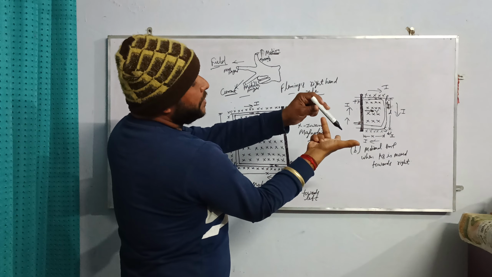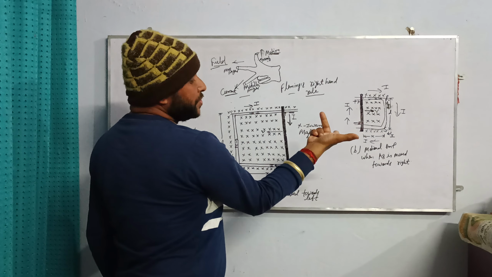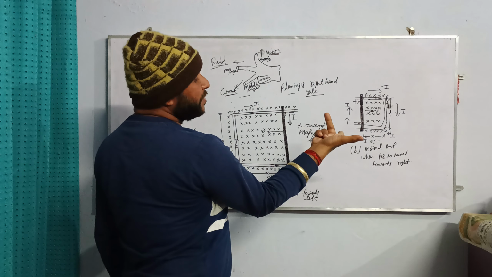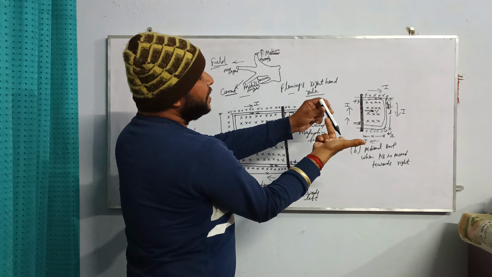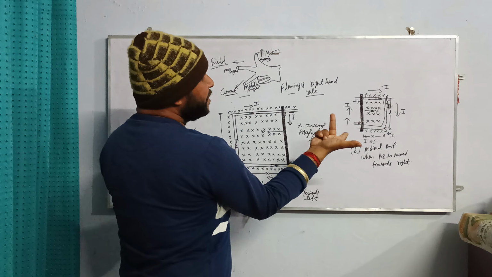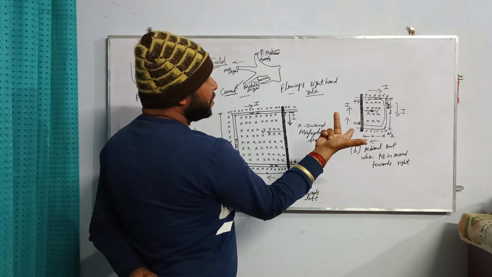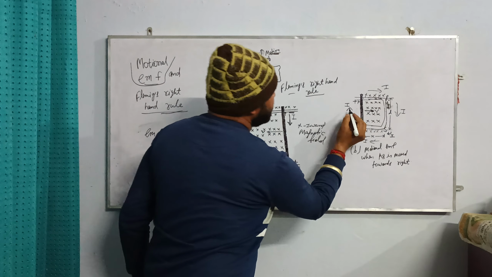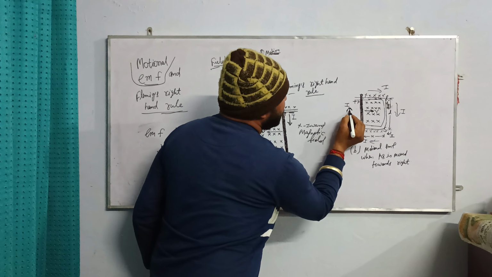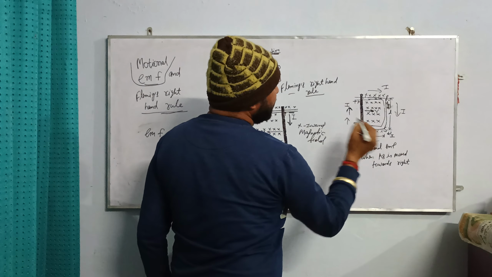Here the thumb represents the direction of motion of the PQ conductor towards the right side, and this is the direction of the magnetic field inward to the plane. Then my middle finger represents the direction of the current flowing, which is in the upward direction. So this is the direction of current.